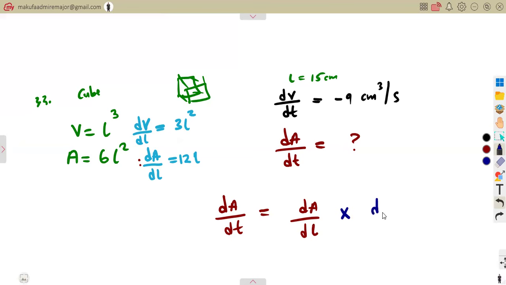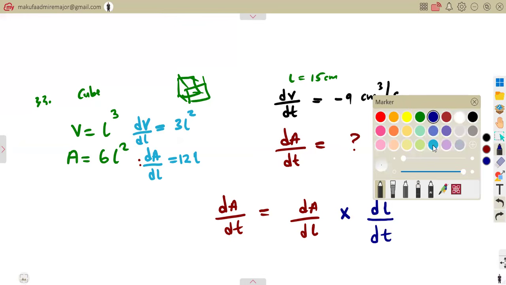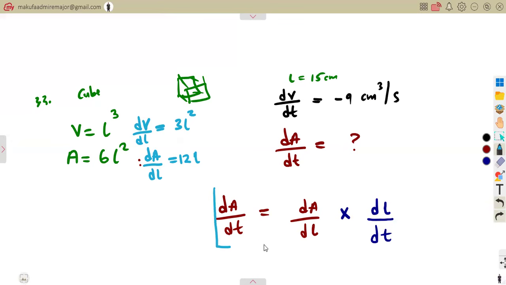Meaning to say, you were supposed to have dL over dt like this. But we do not have that. We are not given how the length is changing with respect to time. But this was supposed to be your formula.